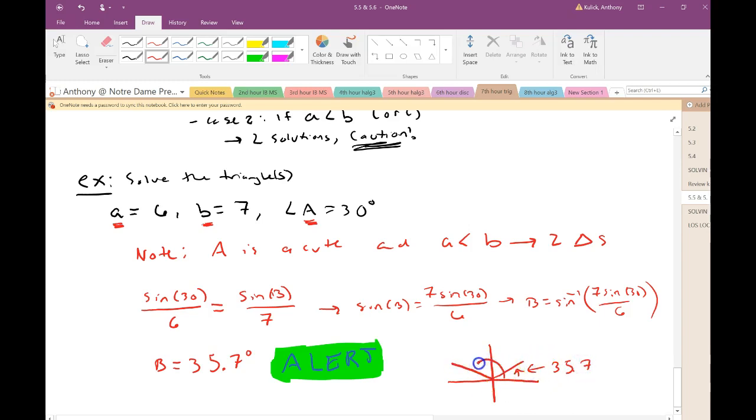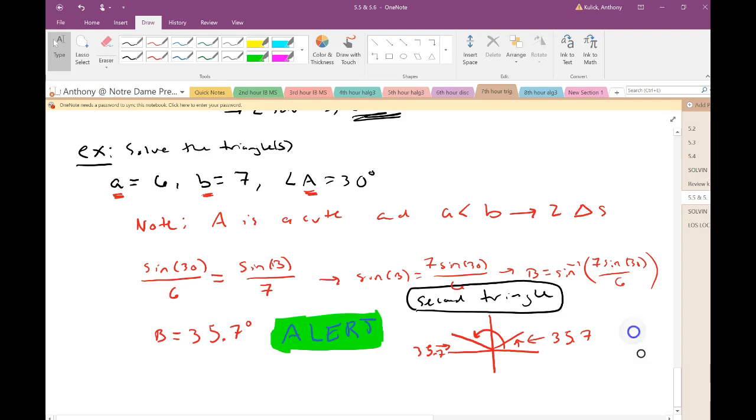You could also have this angle here. So the second triangle is what I'm doing over on this part. That's going to give me 180 minus 35.7.